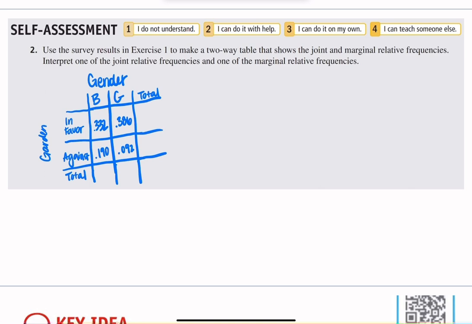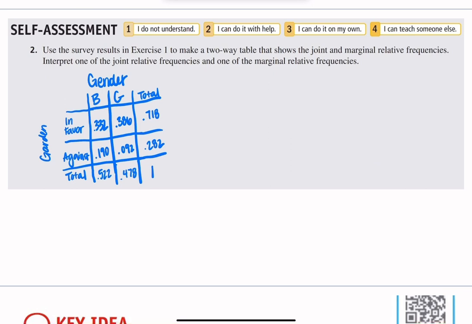For your totals, in favor would be 0.718. Against would be 0.282. Boys would be 0.522, and girls would be 0.478. This total is always 1. And then you would have picked any of the different numbers to interpret.